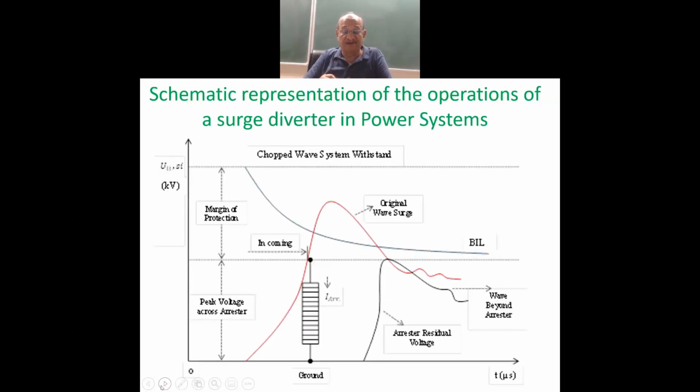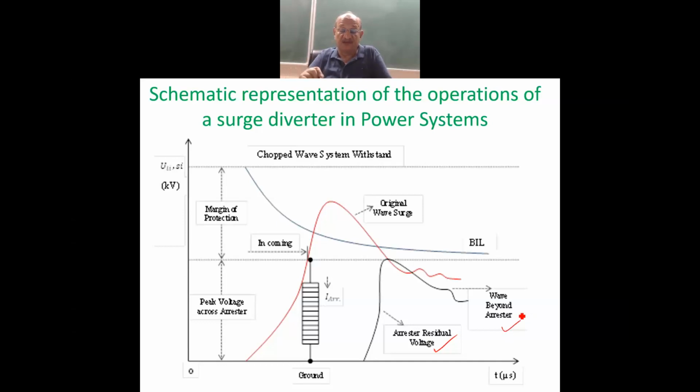Yeah, this figure we had discussed in the last lecture in detail. As you can see, this is the characteristic of the lightning arrestor or the surge diverter residual voltage, which is let pass to the network beyond the arrestor.